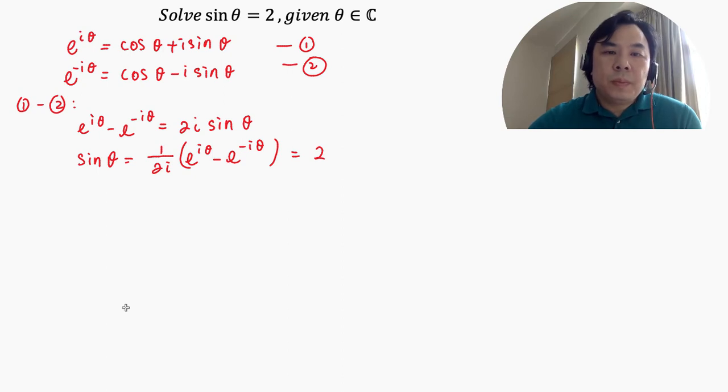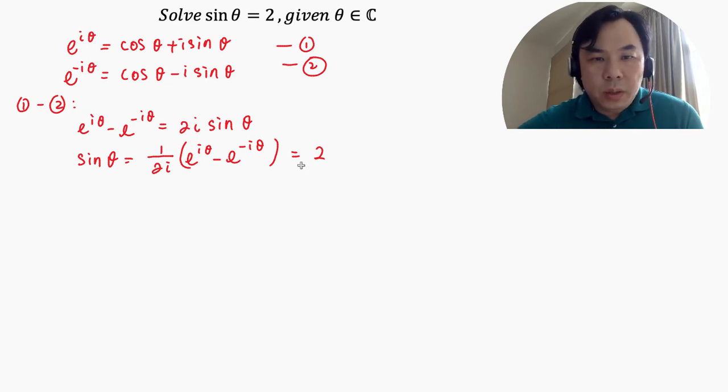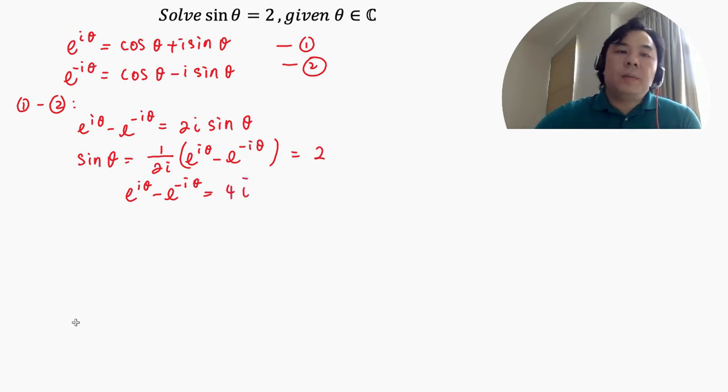From here onwards, it all depends on how you want to work with this. For instance, you can multiply both sides by 2i, so we have e to the i theta minus e to the negative i theta equal to 4i.